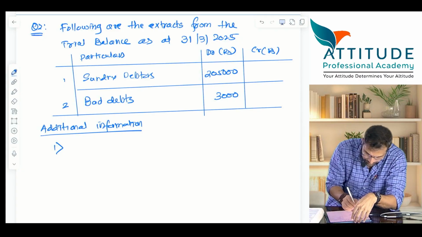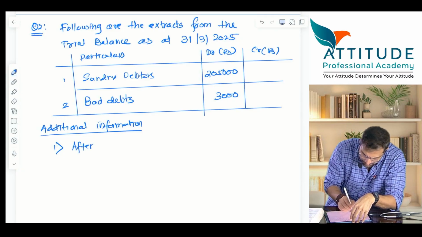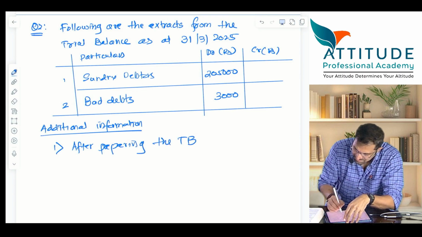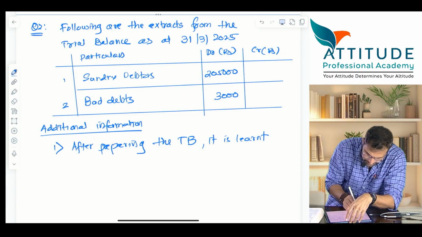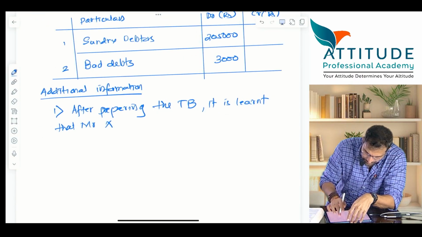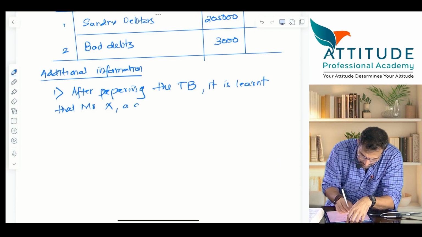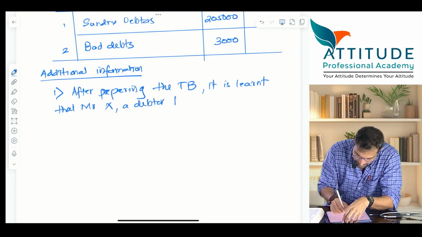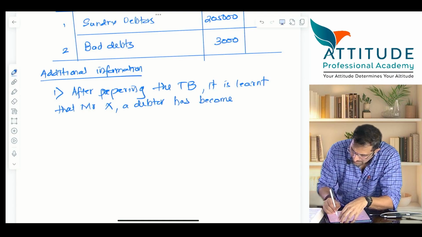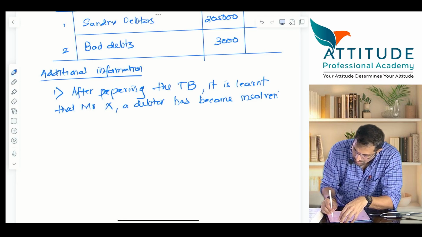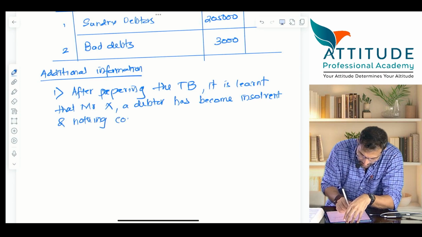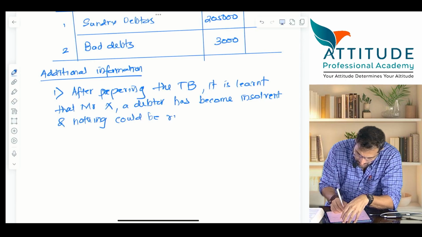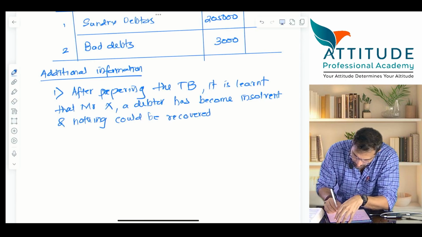So we'll see the additional information. Please take down: after preparing the TB, trial balance, it is learnt that Mr. X, a debtor, has become insolvent and nothing could be recovered from him.